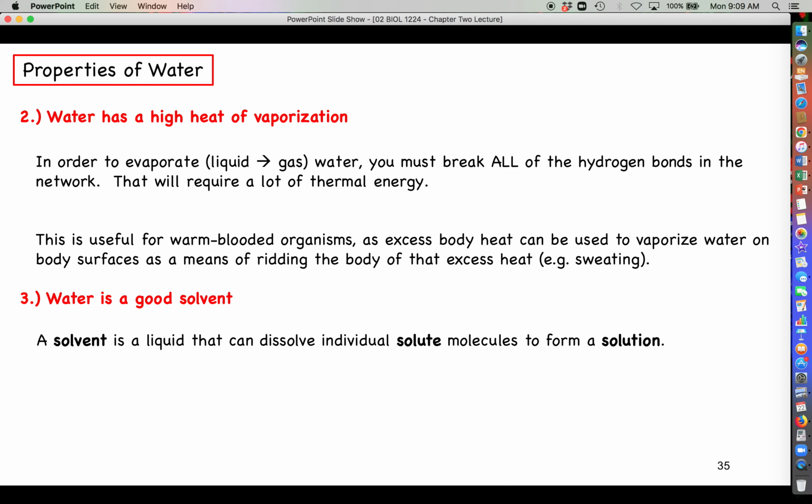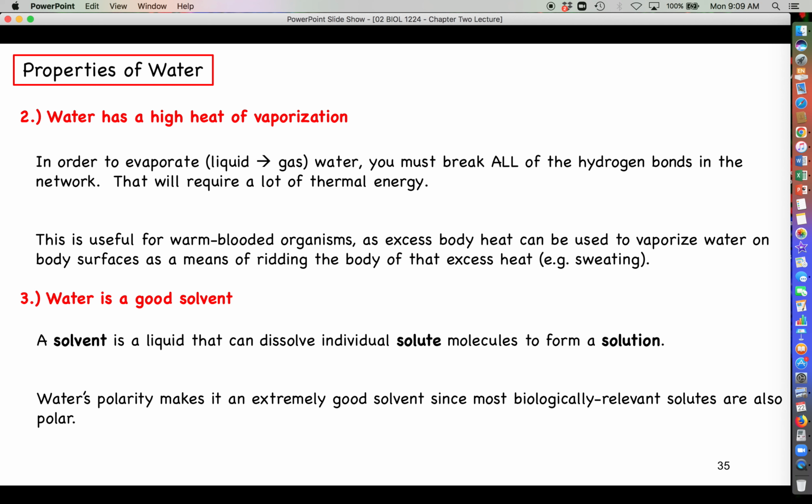A solution, in biological terms, is going to consist of water and then all the stuff that is dissolved in water. Your blood plasma, more specifically, is an example of a complex biological solution. Your blood, even though you might not think of it this way, your blood plasma is just water with a whole bunch of stuff dissolved in it. Salts, sugars, biomolecules, and things like that.